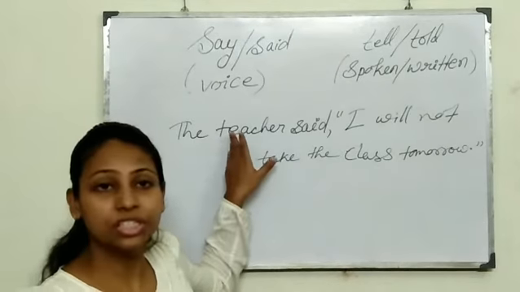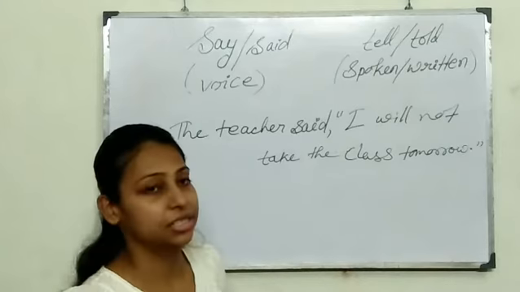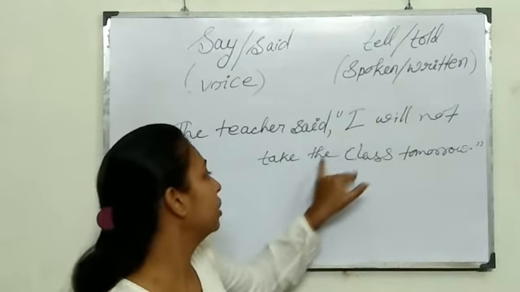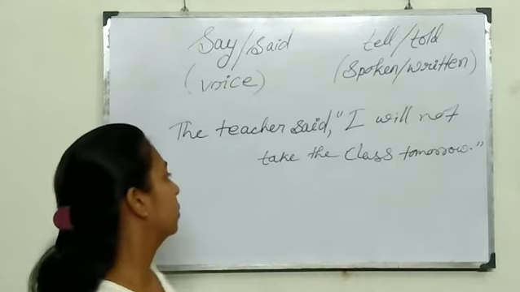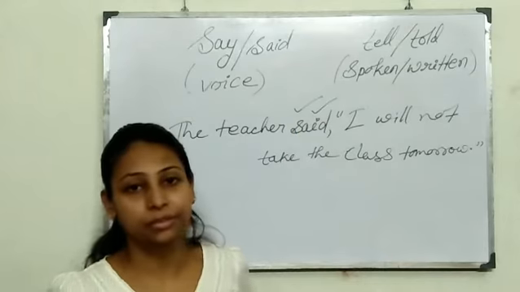Here the exact words of the teacher is conveyed without making any change. जैसा टीचर ने कहा था वैसा के वैसे ही कह दिए गए. I will not take the class tomorrow. So here said is used and no object is also taken.